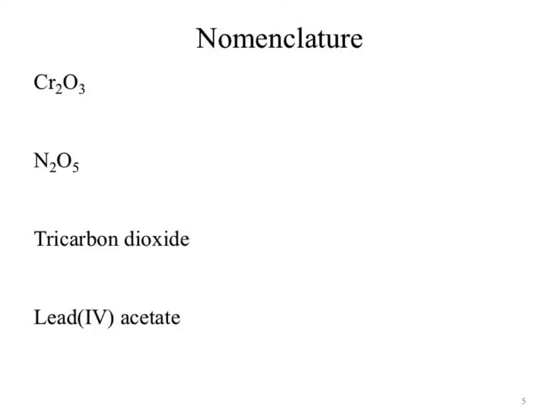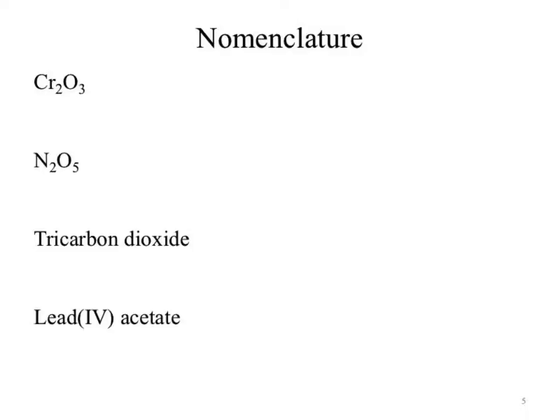Which you might be, well, I don't really know what that means. If you don't know what that means, providing the name for the first two is going to be really hard, because you don't know what rule set to follow. There's 5 different classes. If you don't know which class you're in, you don't know which rules to use, you will probably get the name wrong. So make sure you can identify the class.